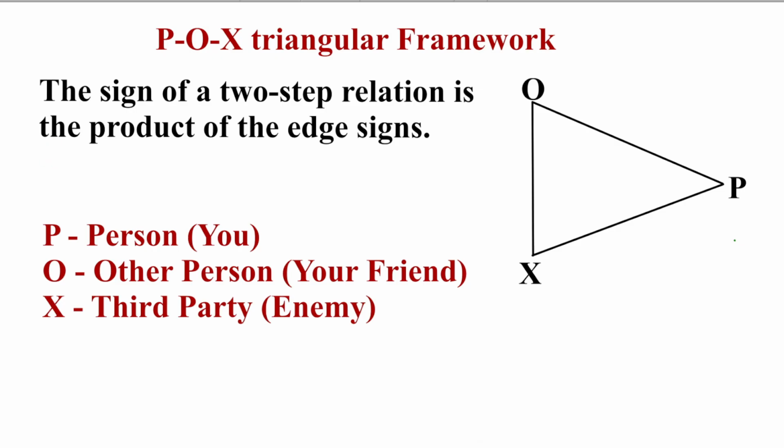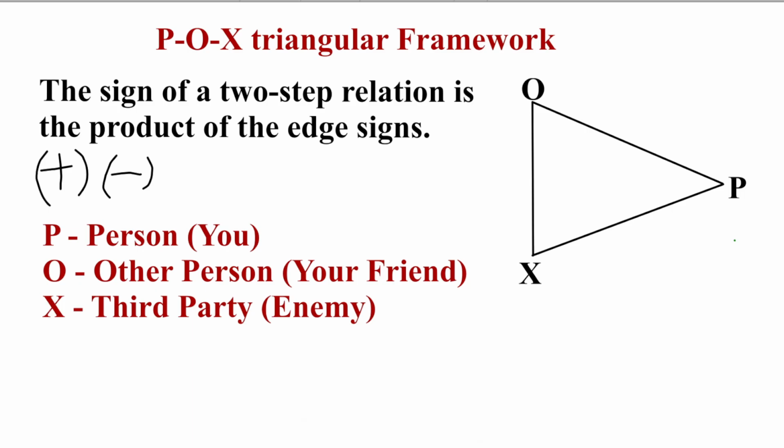What you're seeing here is the statement that the sign of a two-step relation is the product of the edge signs. We have a positive sign and a negative sign. These are the two signs we are going to consider.